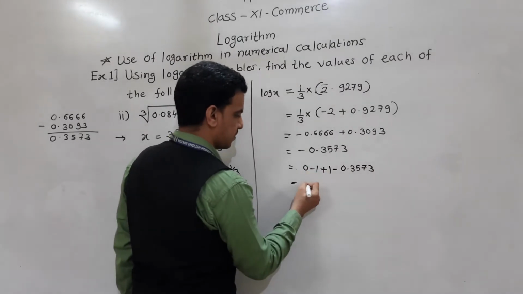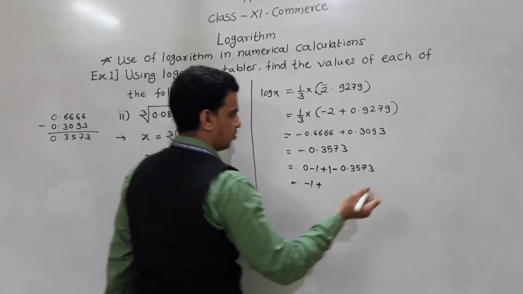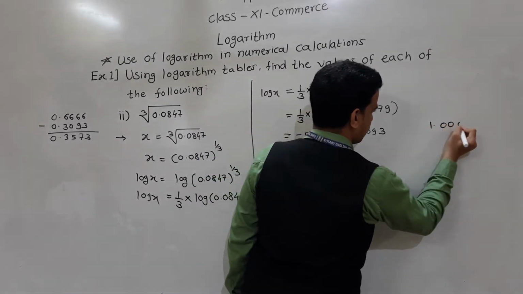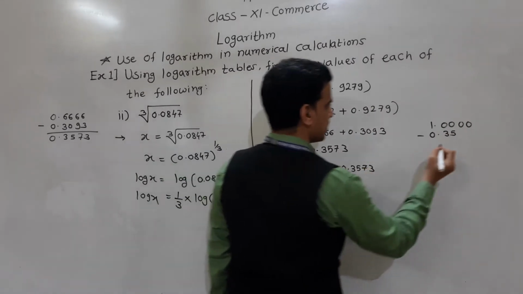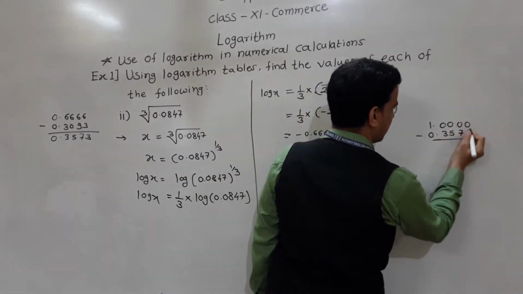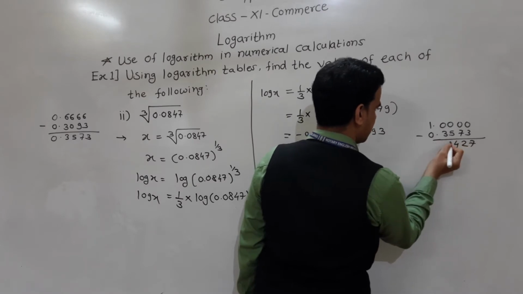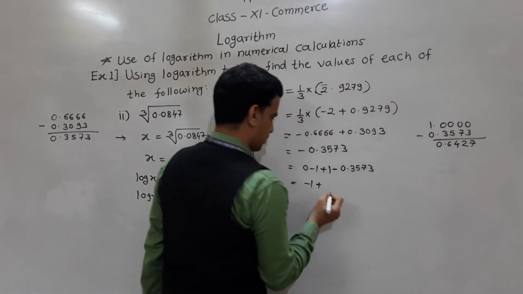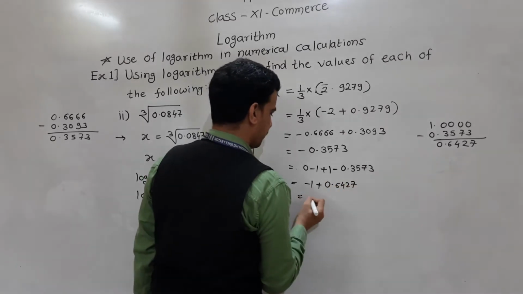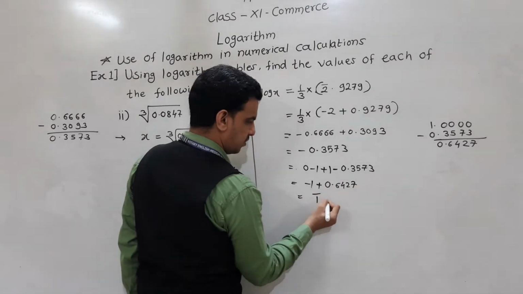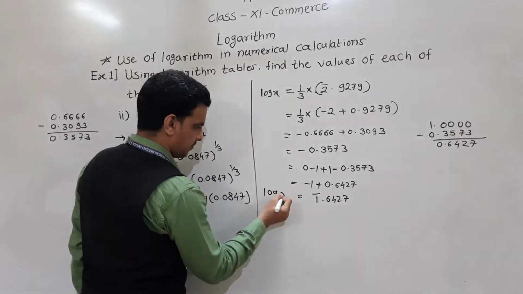So 0 minus 1 is minus 1, plus 1 minus this number. Now 1.0000 minus 0.3573. So 10 minus 3 is 7, 9 minus 7 is 2, 9 minus 5 is 4, 9 minus 3 is 6, and this is 0. So it is 0.6427. So this number we can write as bar 1.6427. So log x is equal to this.